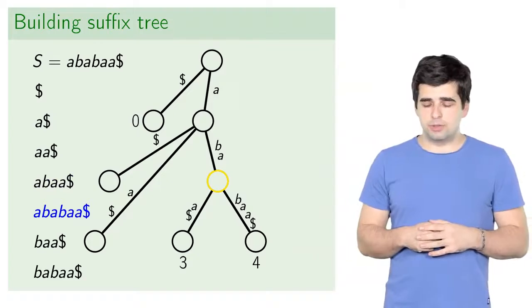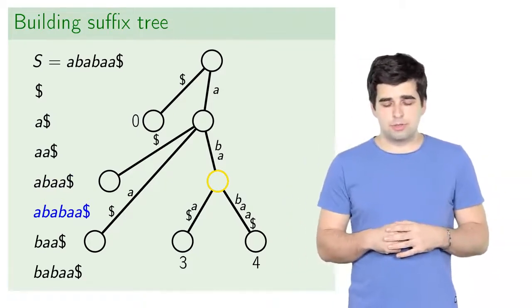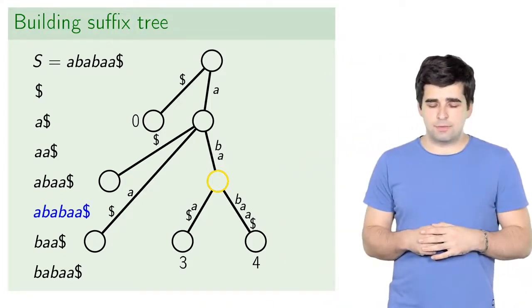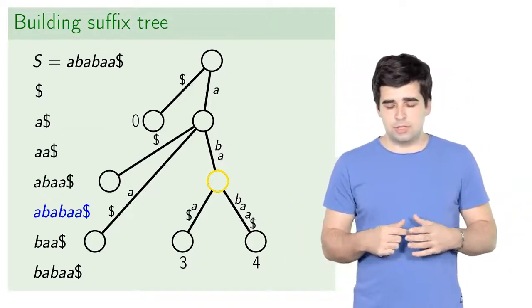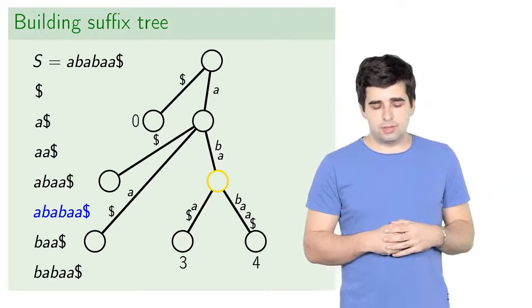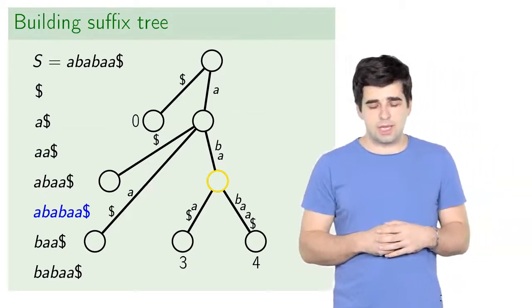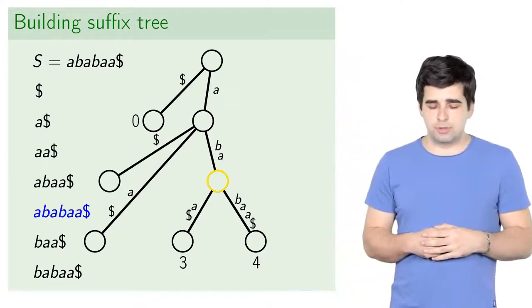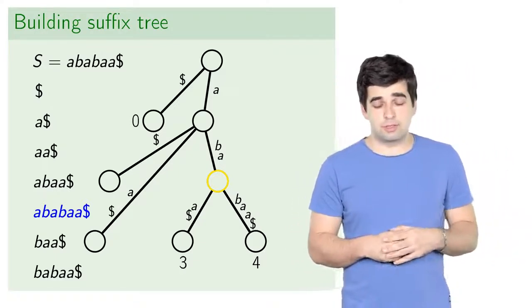The yellow node is the node corresponding to the longest common prefix ABA of this suffix and the previous one, and then we create a new leaf node for the suffix ABA, and the node with number 4 corresponding to position 4 in the suffix array.